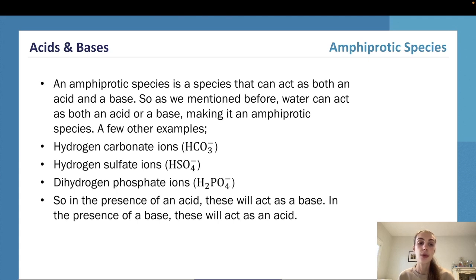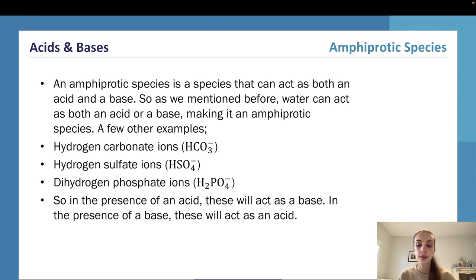So for example, hydrogen carbonate ions can gain a proton to become carbonic acid. Then you can have hydrogen sulfate ions, which can form sulfuric acid if they gain a proton. And then you've got dihydrogen phosphate ions, which can form phosphoric acid if they gain a proton.